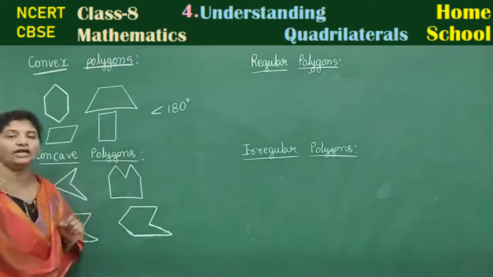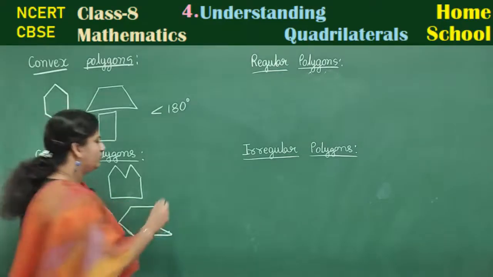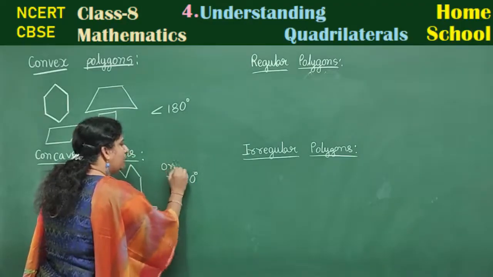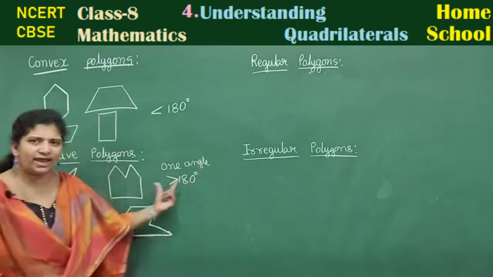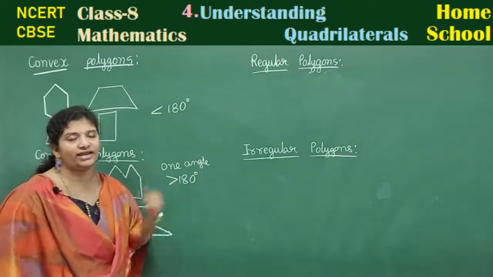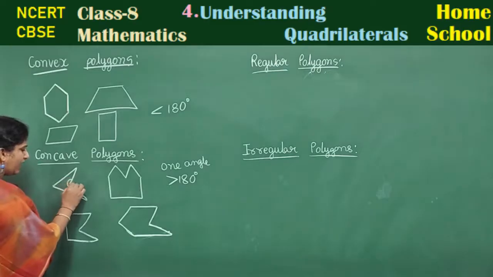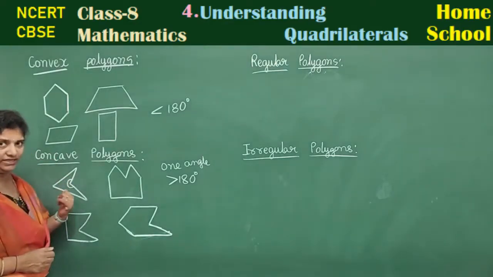Next, coming to concave polygons. Any one angle is more than 180 degrees. Observe the figure here. Which angle is more than 180? Yes, this angle is more than 180 degrees.